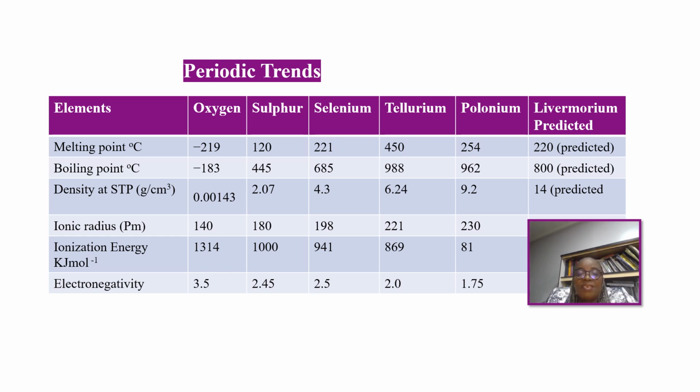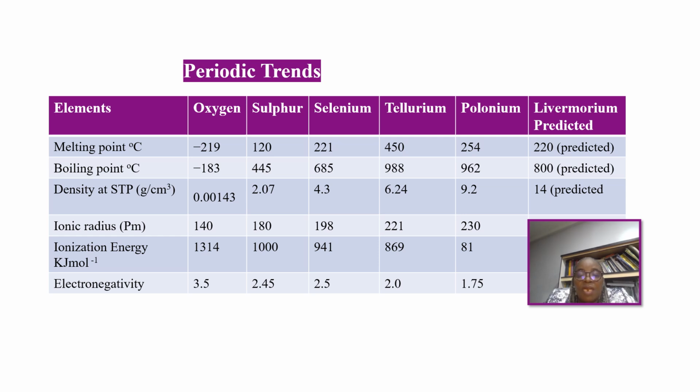There are periodic trends. We will be considering the melting point, the boiling point, density, ionic radius, ionization energy. Due to the increase in atomic sizes and atomic masses down the group, the melting and boiling points of the element also increase while progressing down the group, as a result of increased intermolecular forces of attraction.